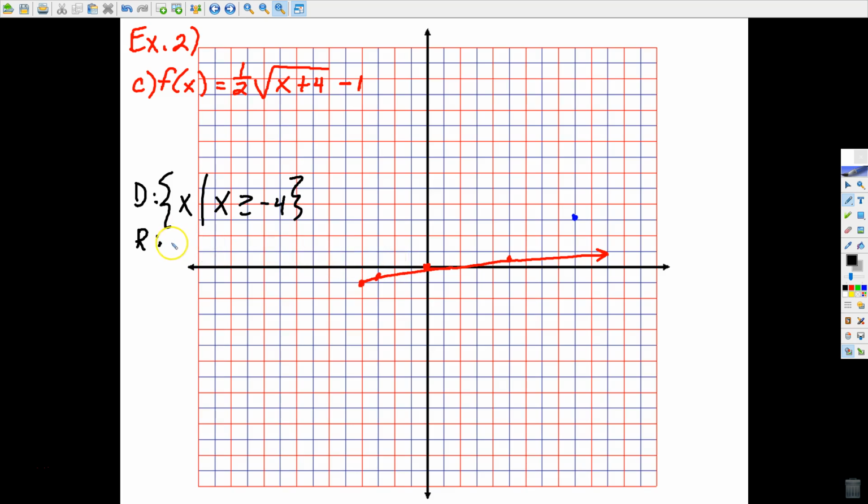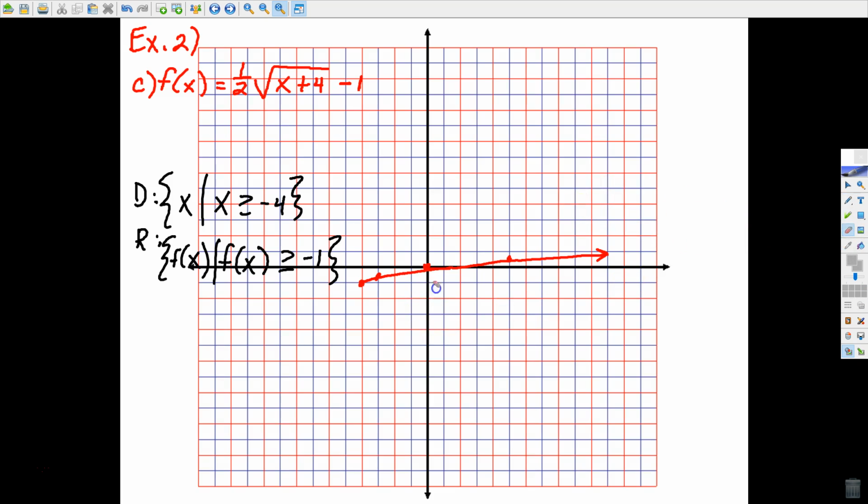And the range, this time we'll say f of x, since that's the notation it's given. f of x such that the very bottom point of this graph on the y-axis is here at -1, and it's just going to continue to gradually rise from that point. So f of x such that f of x is greater than or equal to -1.